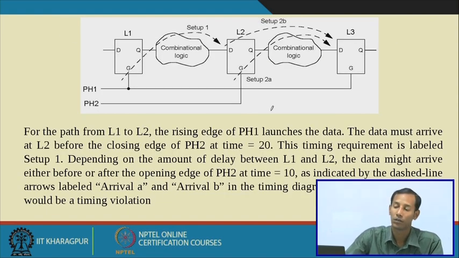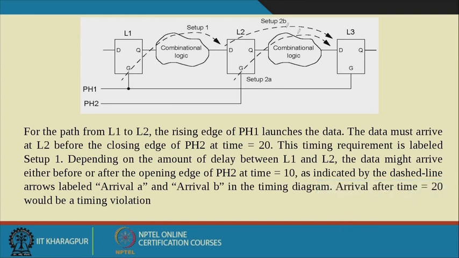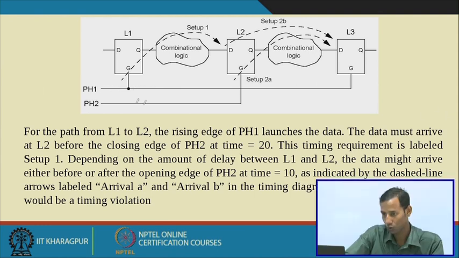Now consider another circuit, where there are 3 registers and 2 combinational circuits in between. Here there are 2 different clocks, one is PH1 and another is PH2.